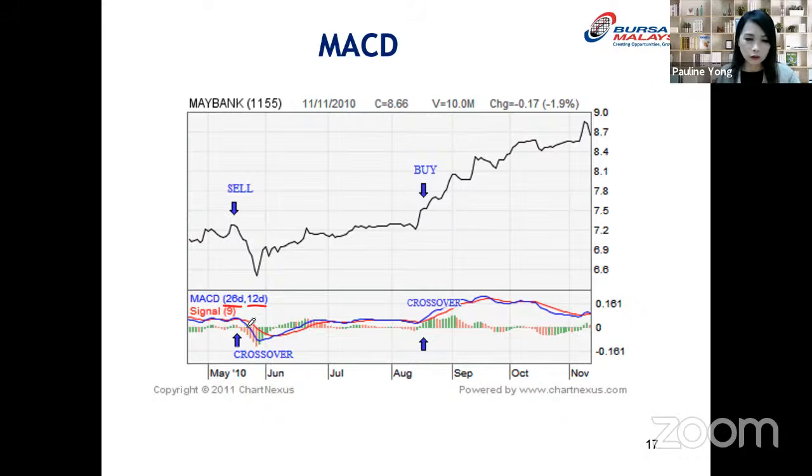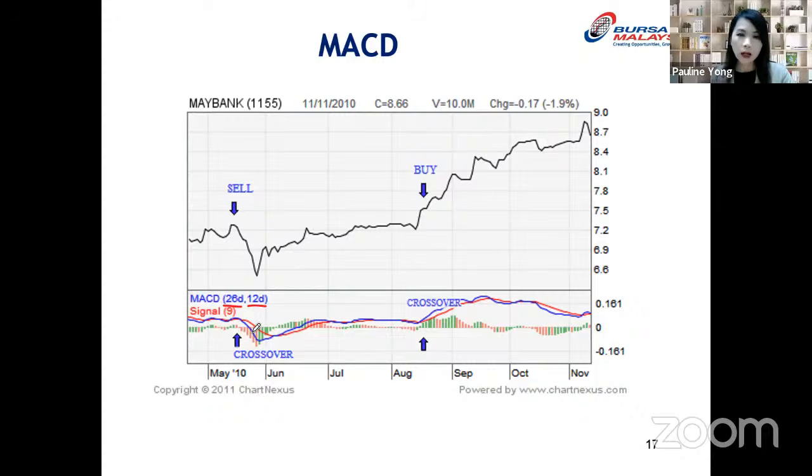And then you generate a signal line by using a 9-day moving average on that MACD line. So you draw another line, which is the 9-day average of this line. So you have these two lines: one is the MACD line, the other is the 9-day moving average line of that MACD line.